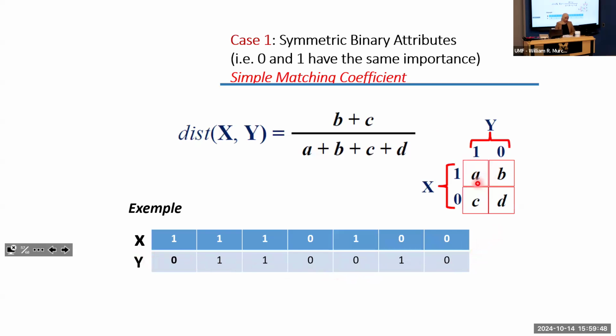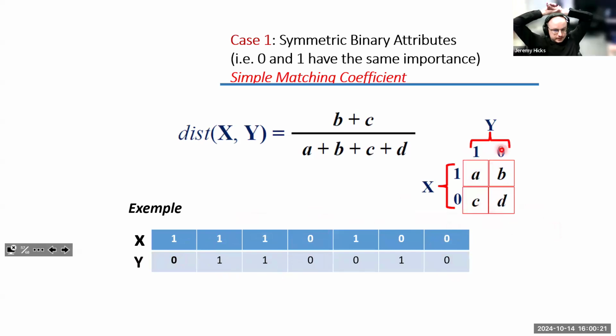The 1,1 pairs, which are the same for X and Y: 1, 2, 3, and 4. It's not changing, it's the same. And the double zeros are D.